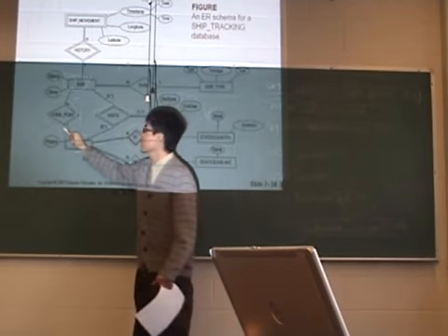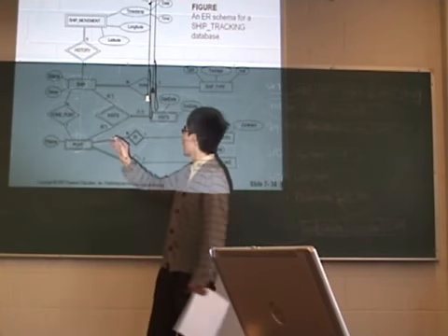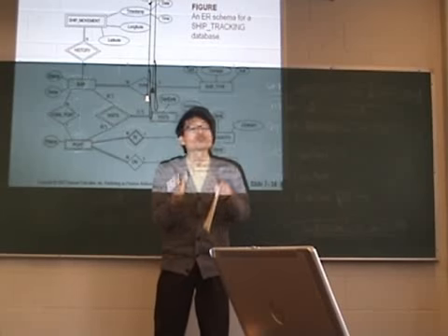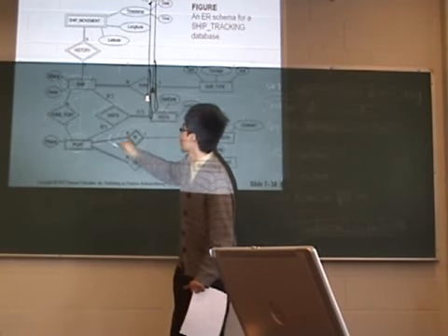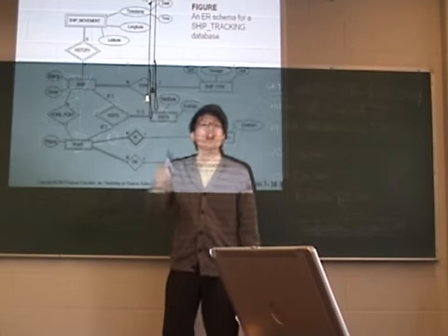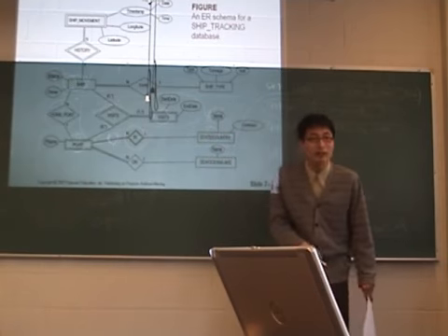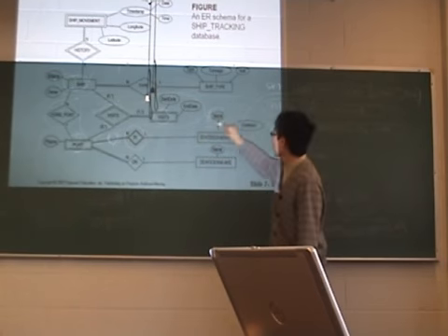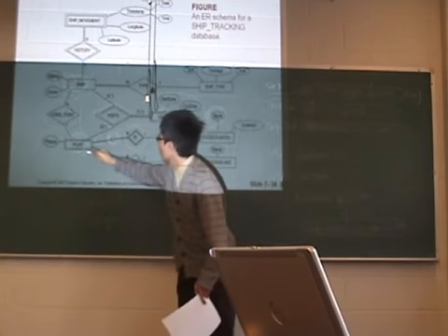But this is a single line, which means it's optional. To identify certain data, you must know. It's mandatory, which means this one should be used for the identifying relationship. Then this is the identified entity. For the primary key, we will get the primary key of this one to here.